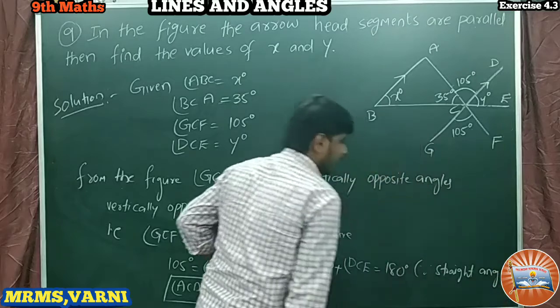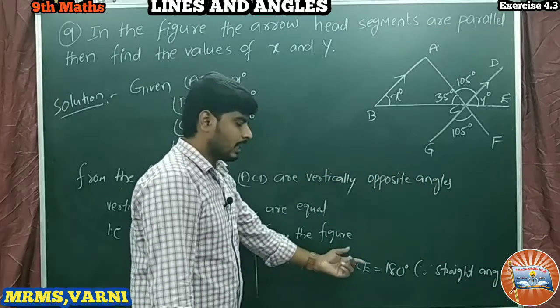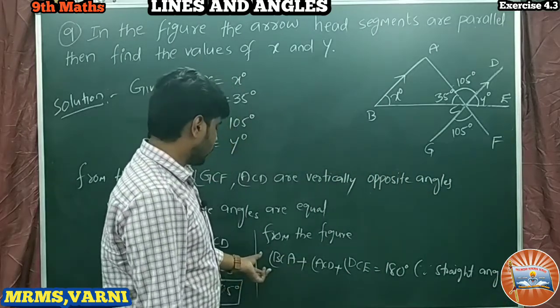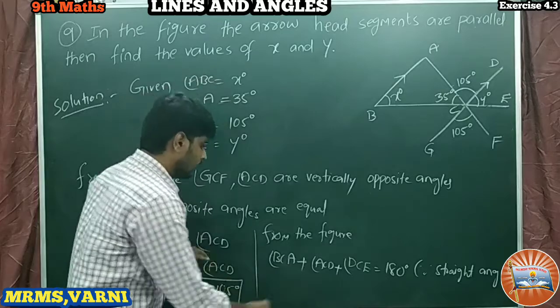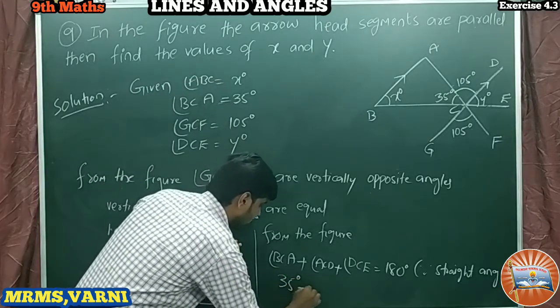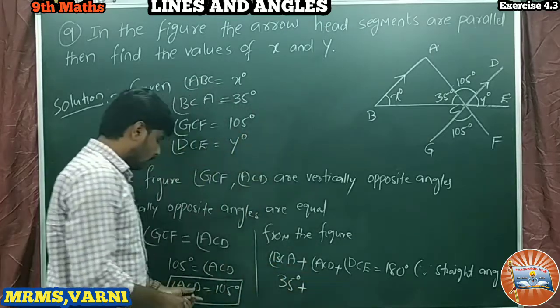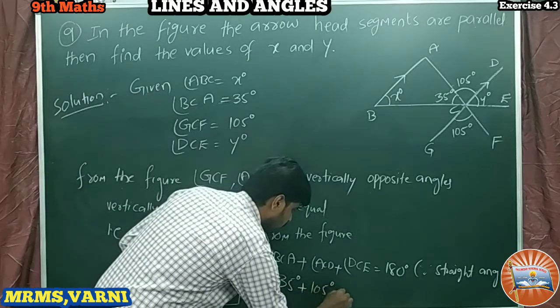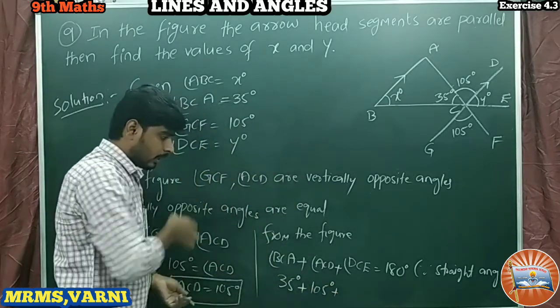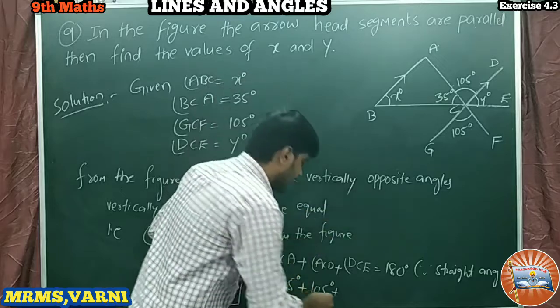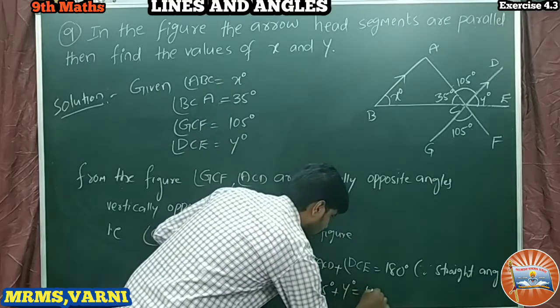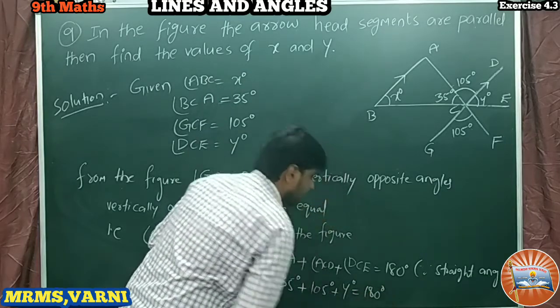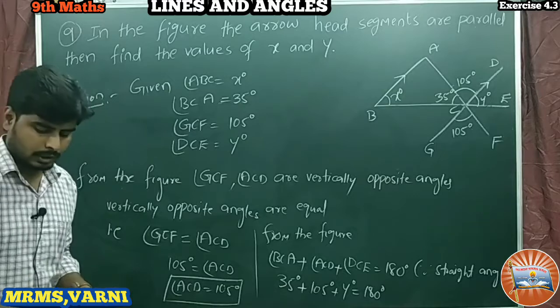The sum of the three angles becomes a straight angle. So we have BCA already, what is that? 35 degrees plus ACD, just now we got 105 degrees, plus DCE, it is y degrees. We have to find y here. So here it becomes 180. Is it clear? Right.